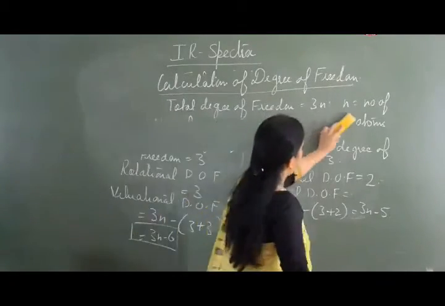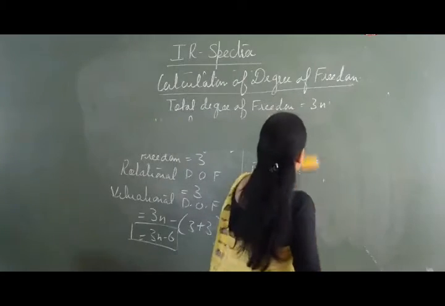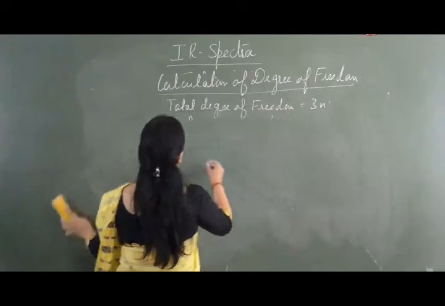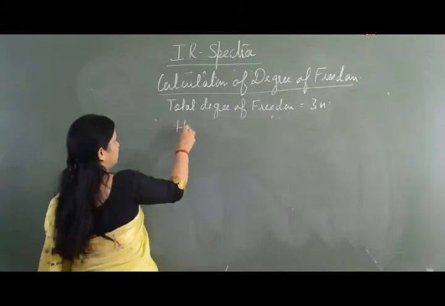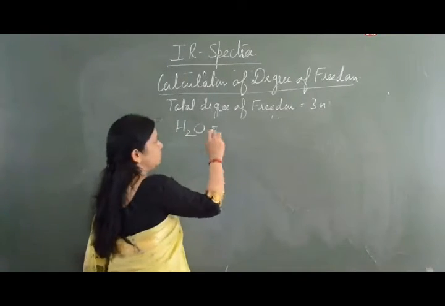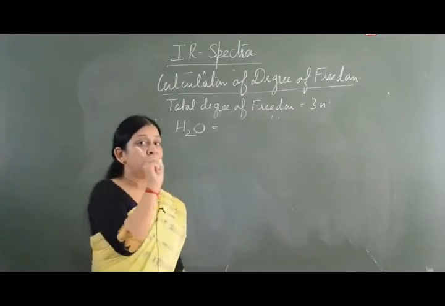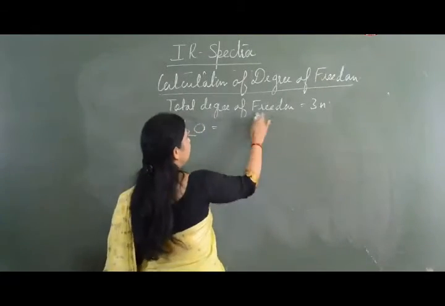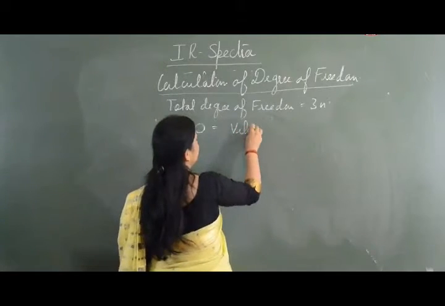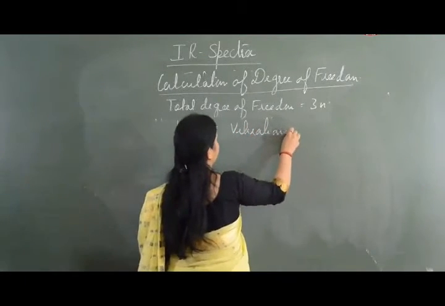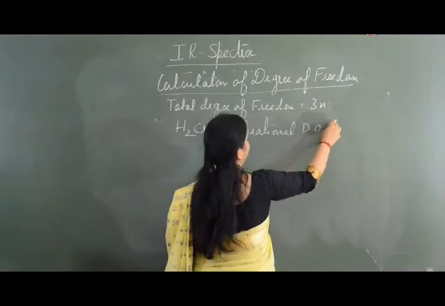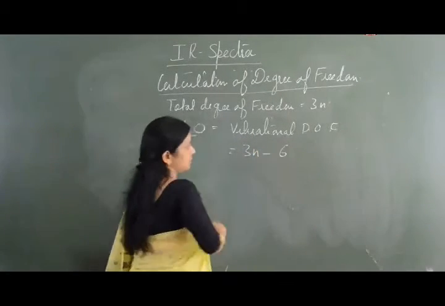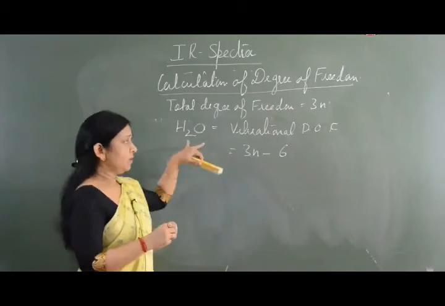Now, if we consider some examples, take water. It is a non-linear molecule. Water has a bent structure. So the vibrational degree of freedom is given by 3n minus 6, and n here is 3.